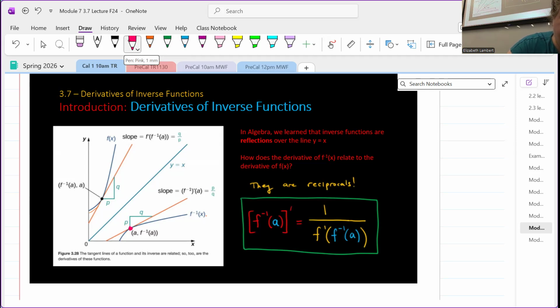Now, when I reflect this point back across, my x and my y swap, and then my rise and my run swap.